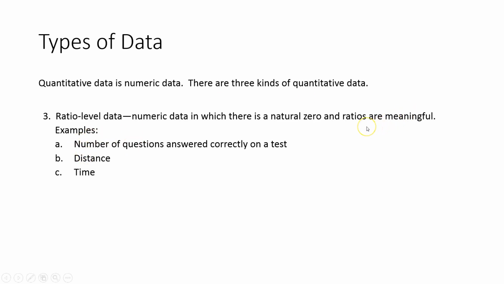And it makes sense also to talk about the ratios. If you got 2 questions right, that's twice as many as if you got 1 question right. And the same thing is true with distance and time. Now, when we say time, time means the amount of time. So 2 seconds is twice as long as 1 second.